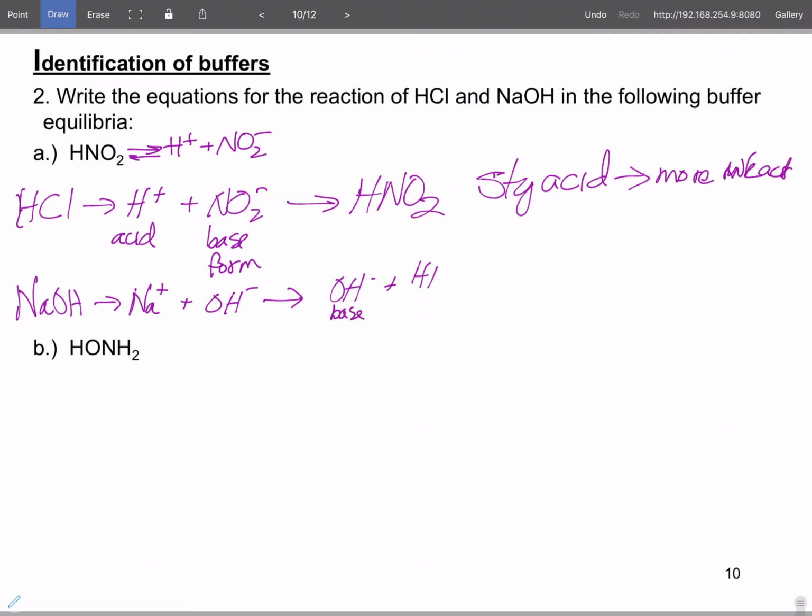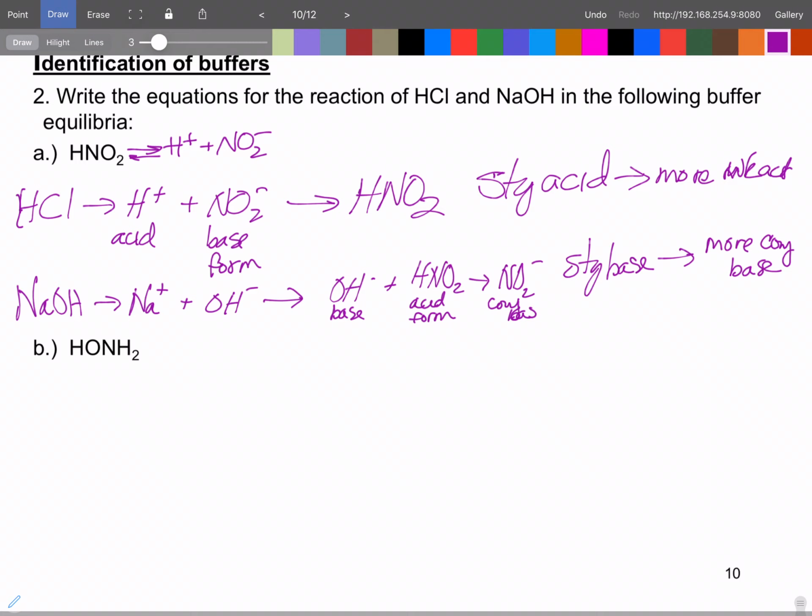So the acid form is HNO2, so this is the acid form, to produce more of the NO2 minus, the conjugate base. So the net effect is the strong base produces more of the conjugate base. Okay, that's in a weak acid.